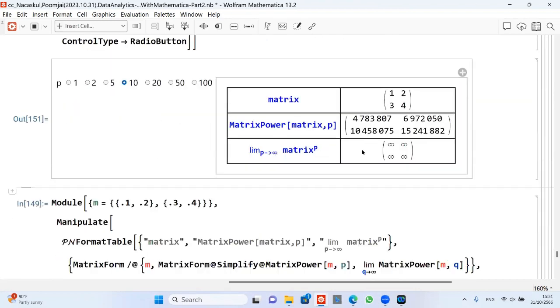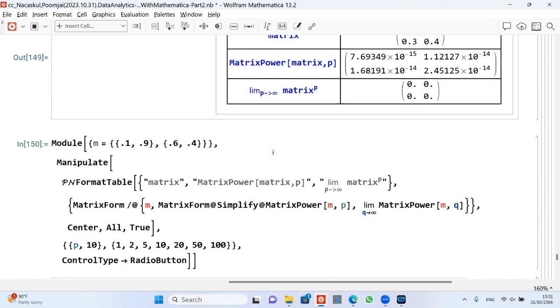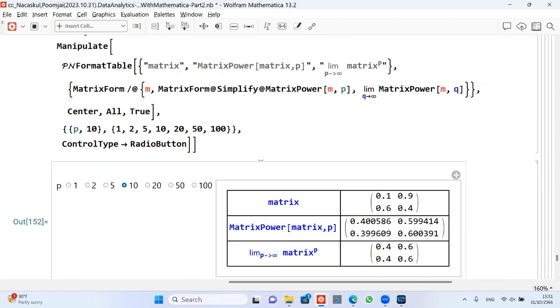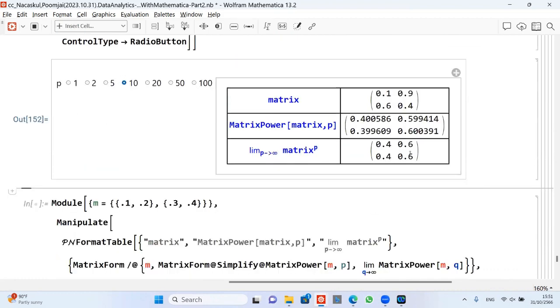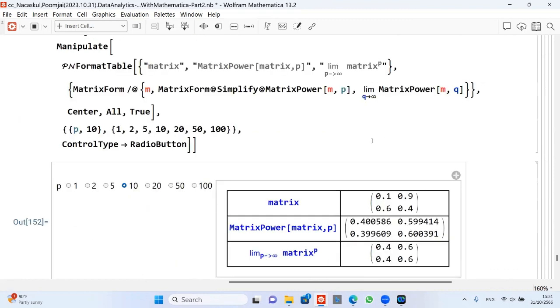But this guy, the rows add up to what? Exactly 1. This is my trick. If the rows add up to 1, 0.9 and 0.1 add up to 1, 0.6 and 0.4 add up to 1, when you multiply that many times to infinity, you settle down at the numbers 0.4, 0.6. That's interesting. How can we use this? Let's put it this way.